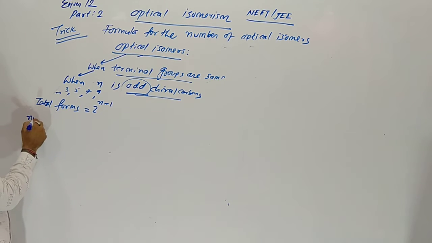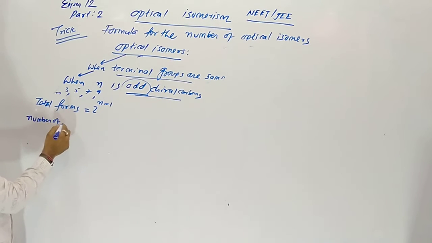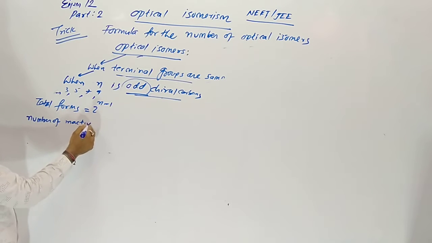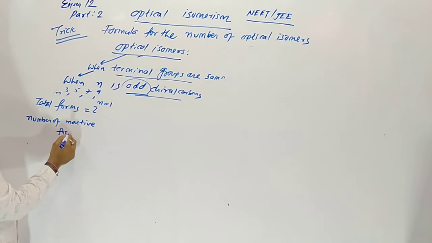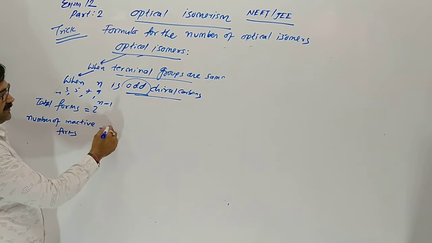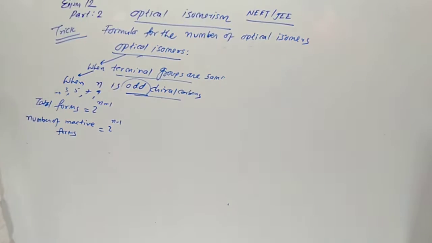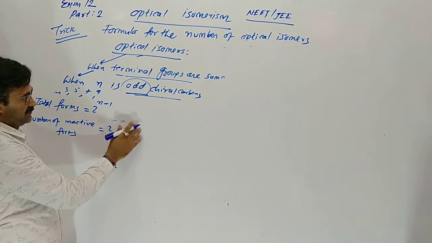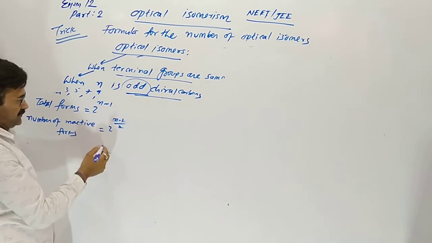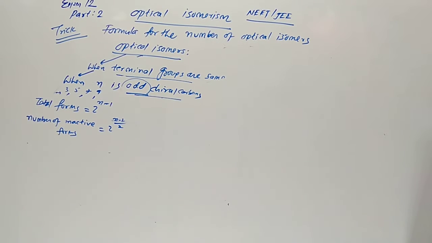Now the number of inactive forms is 2 raised to n minus 1 by 2. That gives the optically non-active, inactive forms.